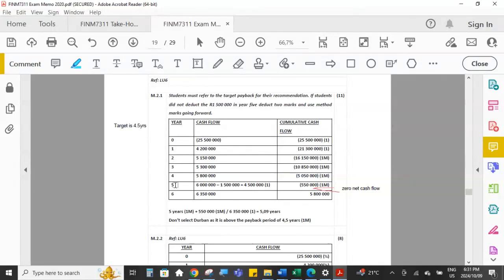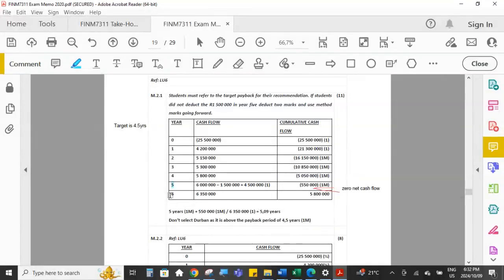We know it's going to be 5 years and something months, because by the time we reach 6 years, we're already positive. So it's 5 point something of a year, or 5 years and X number of months, and we want to work out what that is.